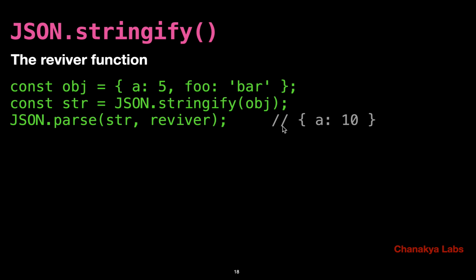With the reviver function, I want A10, I don't want foo bar, which means that in the string str which you are passing, that has double quote A5 and then comma double quote foo colon double quote bar. That is what str is, right? But I'm parsing that stringified version, and I don't want that foo in my parsed version.